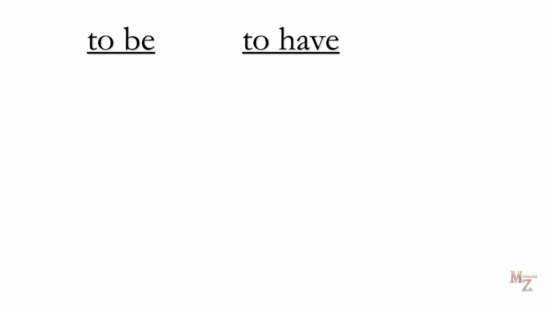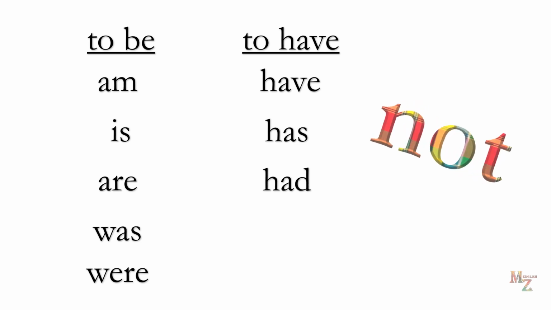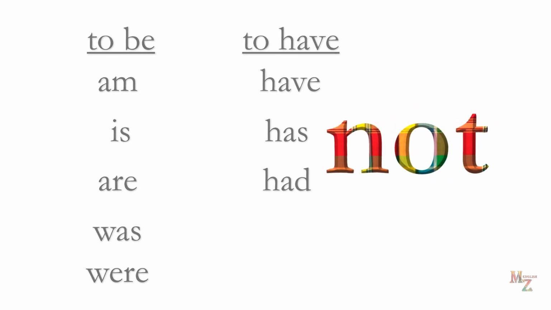The verbs to be and to have must be conjugated, that is, broken down, both in the present and past tenses, and the word not comes after.